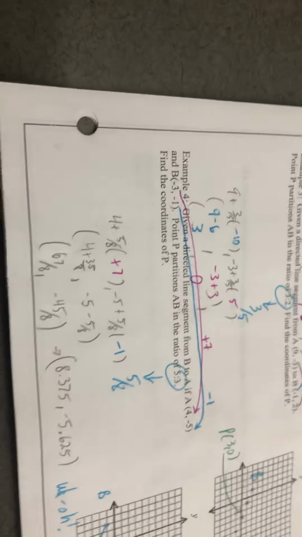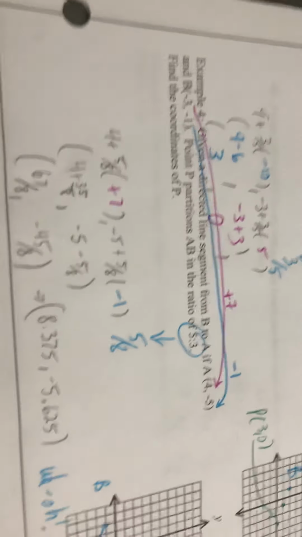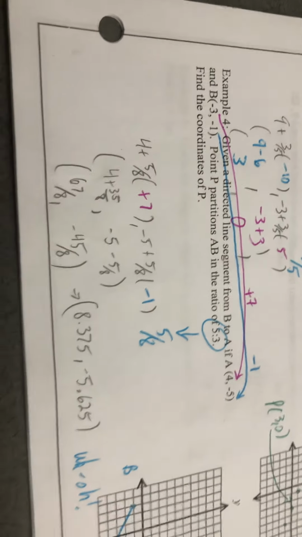Well, let's see if we can solve what our mistake was in this past example. So 4 is my starting point. Oh, that's the problem. 4 is not my starting point, and -5 is not my starting point. So I'll work this one out for you.